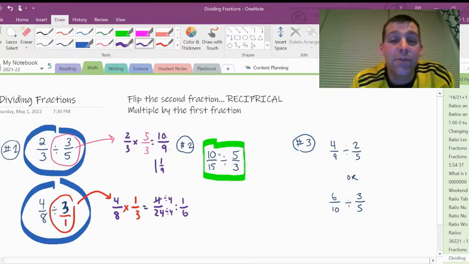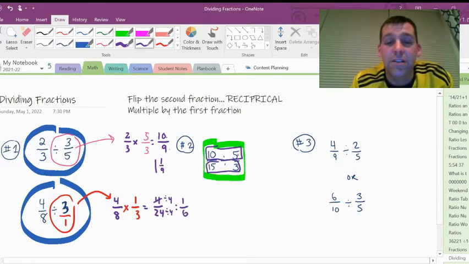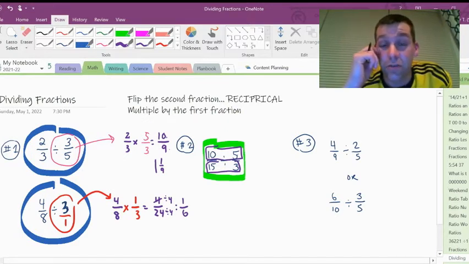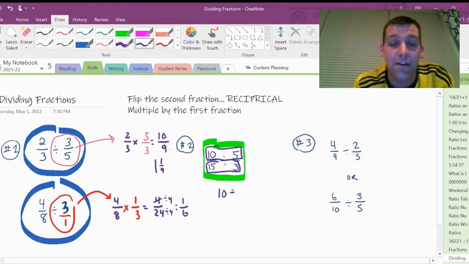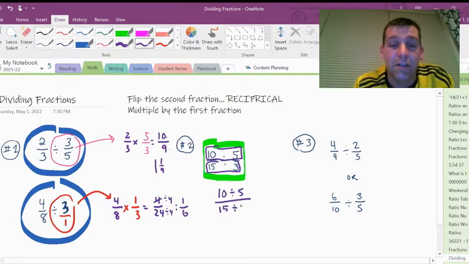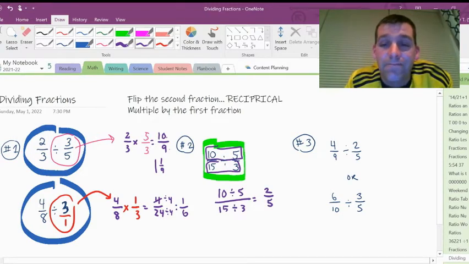So here, these numbers are divisible, this number going across is divisible, and the 3 goes into 15, then I can simply divide. I have 10 divided by 5 over 15 divided by 3. And in this case, I'd have 2/5, right? So that is an option for me.